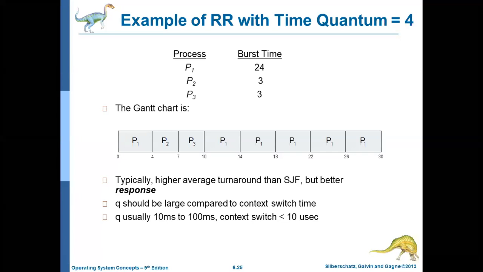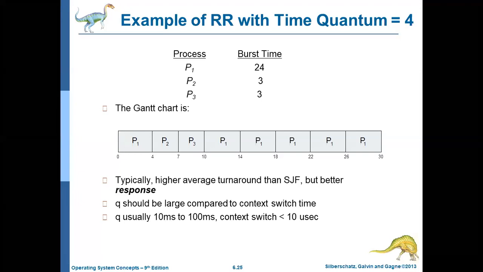Afterwards, P1 starts again at 10. 10 minus 4, because it already completed execution of 4. 10 minus 4, 6 is the P1 waiting time. P2 waiting time is 4. P3 waiting time is 7.